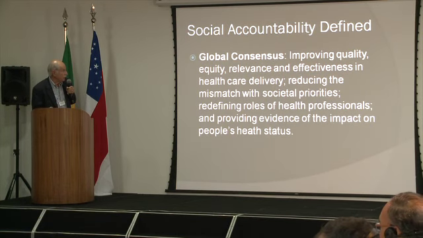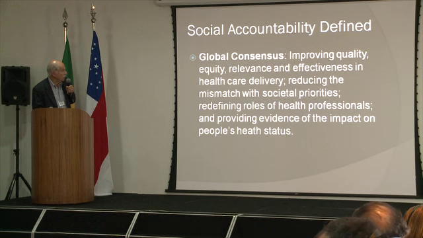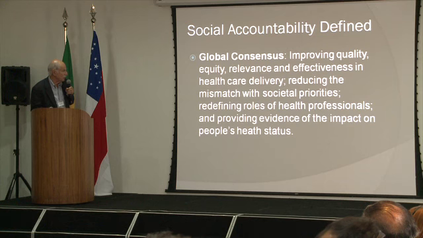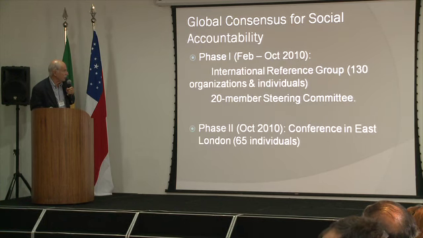And this was their definition, not unlike the previous one, improving quality, equity, relevance, and effectiveness, so those values again, in healthcare delivery, reducing the mismatch of societal priorities, redefining the roles of health professionals, and providing evidence of the impact on people's health status.